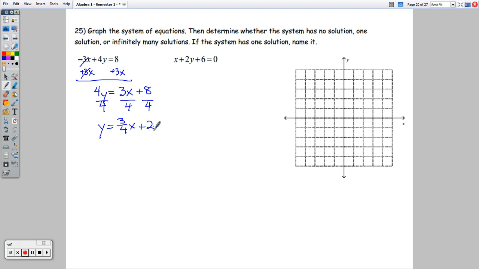This is your y-intercept right here, and this is your slope. So go over to the graph, go up 2, start there. That's your y-intercept once again. And then this is your slope value right there. So up 3, right 4. You could also go down 3 and left 4.